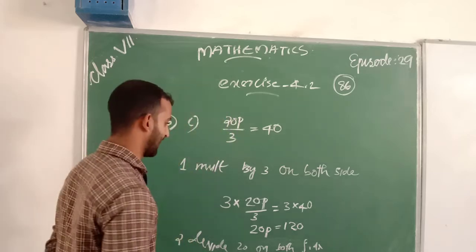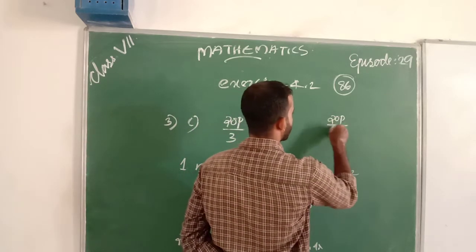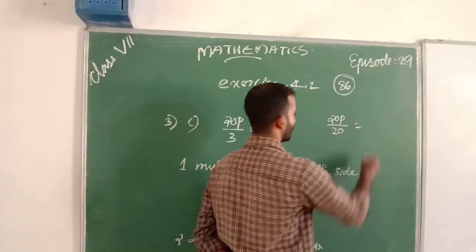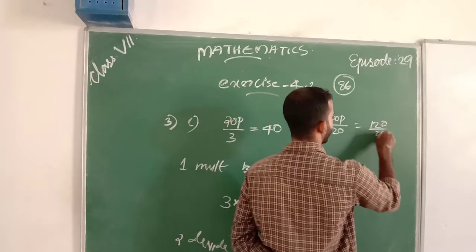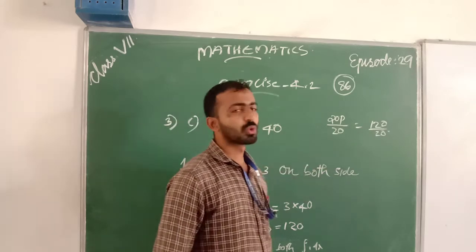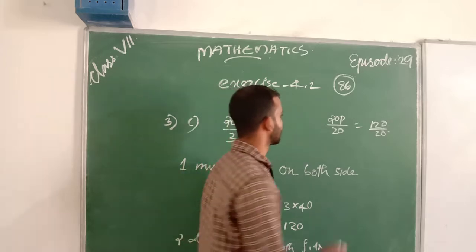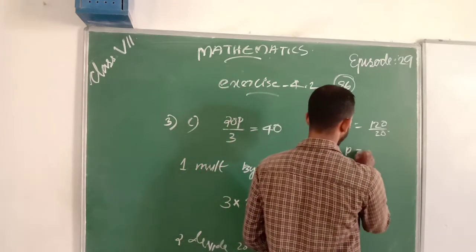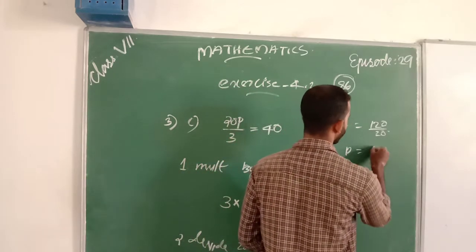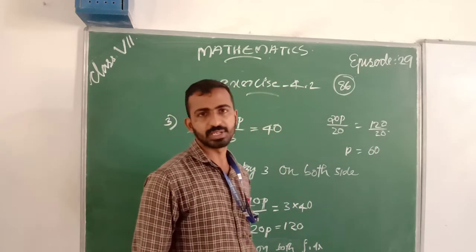That is, we can write 20p by 20 equal to 120 by 20. That is, p equal to 6.